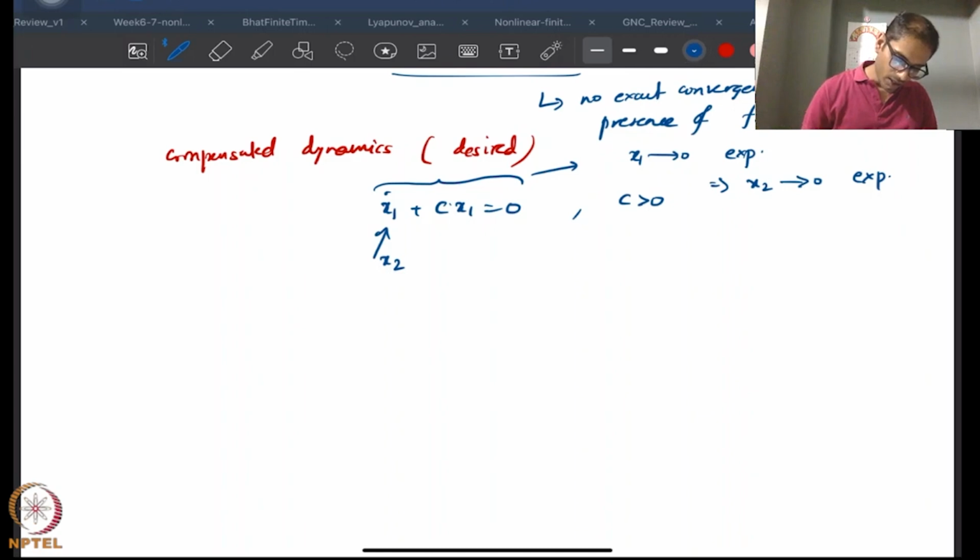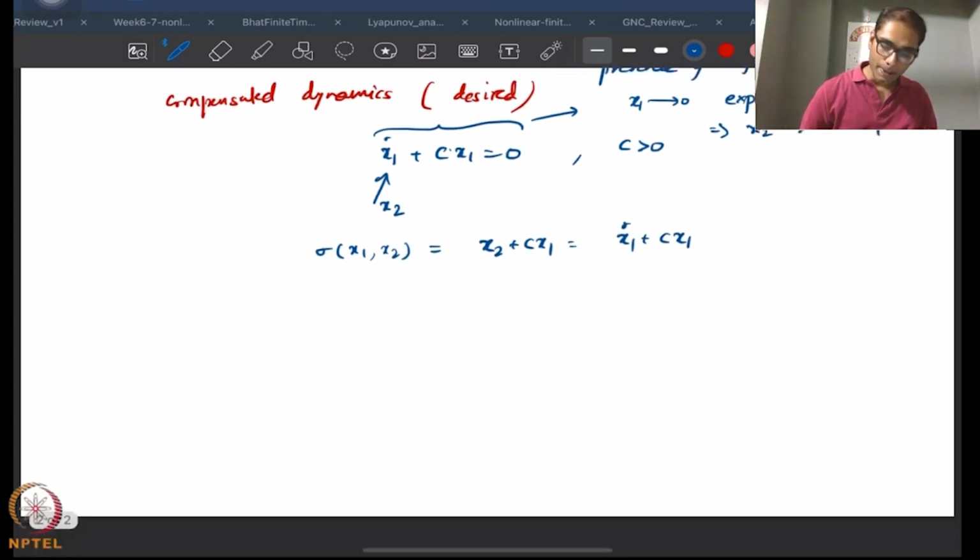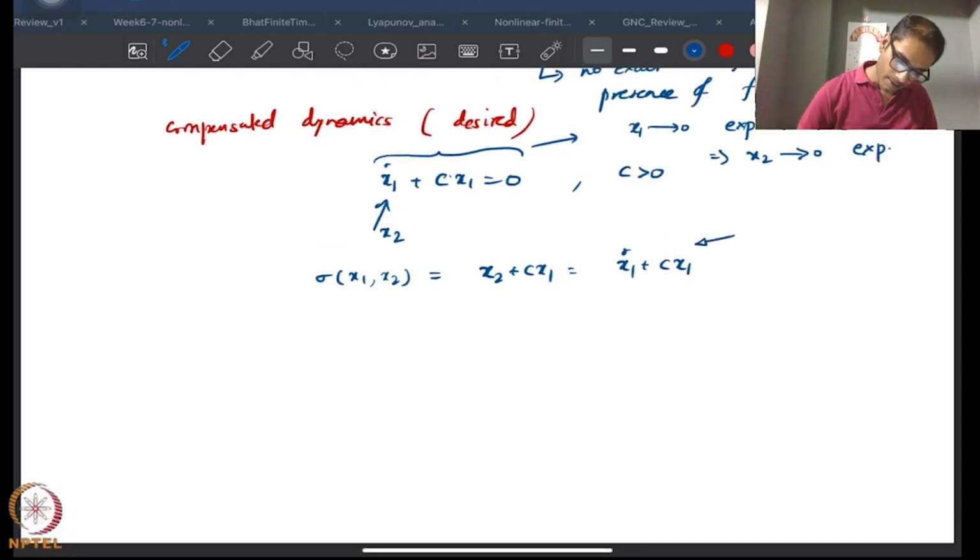We call this function sigma of x1, x2, and you can see it is usually a function of all the states, so both states in this case. And this is what is called a sliding mode. Essentially, for this two-state system, we reduce the evolution to a one-dimensional line.